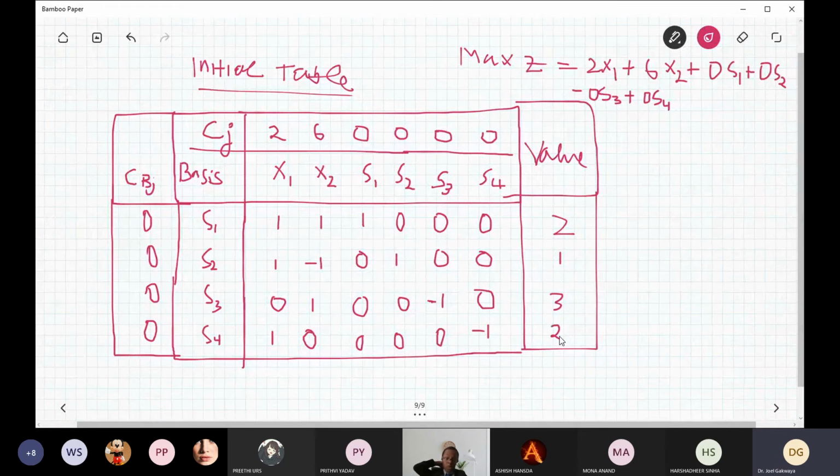All right. So once you've done this, you find the ZJ. What is the value for ZJ?